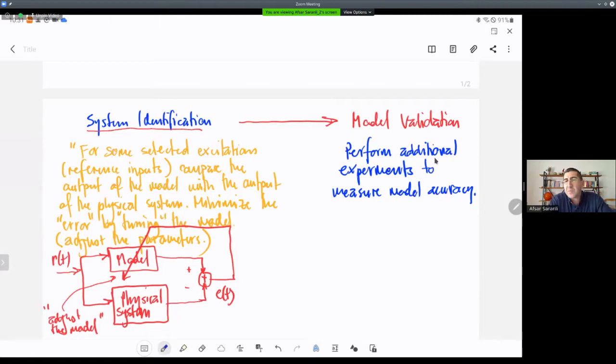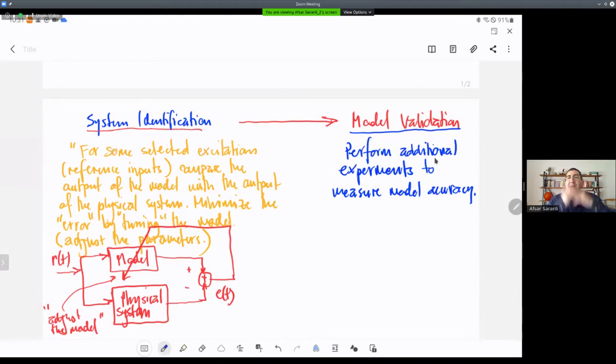One question might be, is this really a separate step? Because I can always combine these additional experiments. I can move them to the system identification to get a better model. But the distinction in model validation is that your task is not to improve at this point the model. It's just that you want to measure what's the final accuracy.